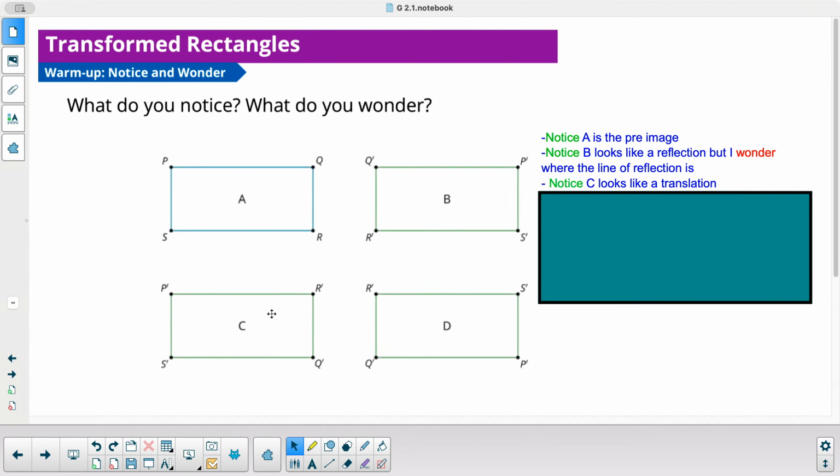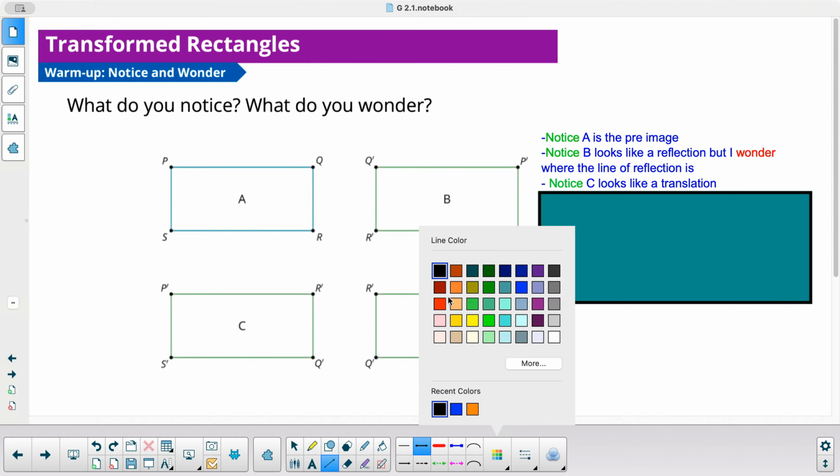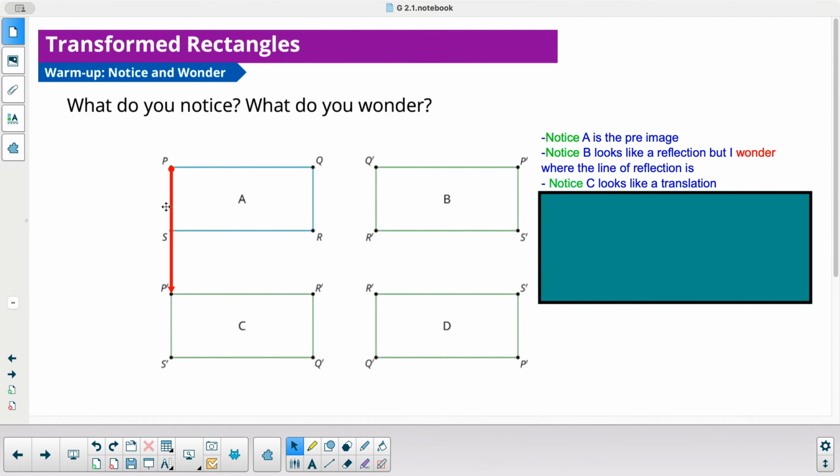Notice C looks like a translation. That one's really easy. I'm just going to translate this down by directed line segment P, P prime, or Q, Q prime, something like that. So your directed line segment would look something like this from P down to P prime. Okay, or you could go, you get same length, same direction, Q to, oh wait, no, that's not going to be a translation.